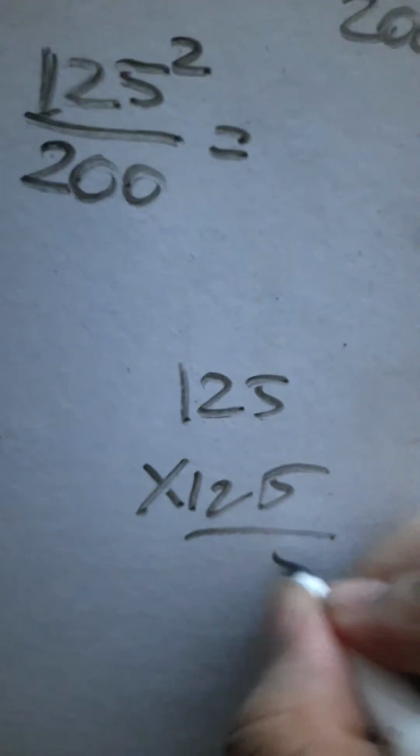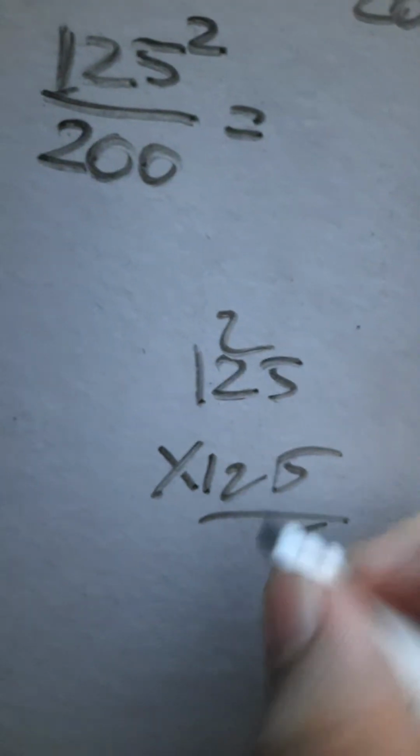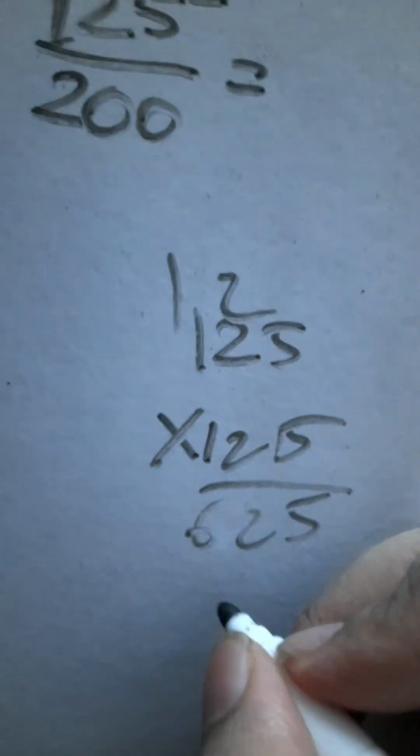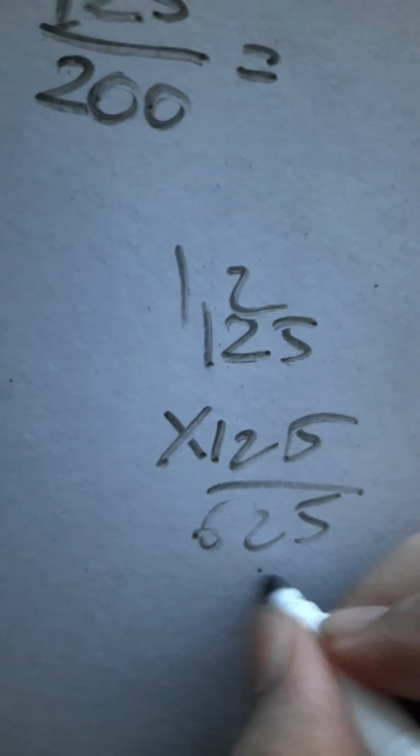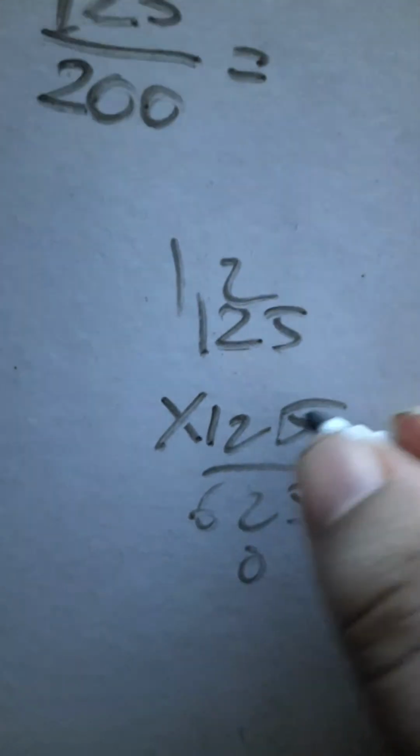5 times 5 is 25, 2, 5, 10, 2, 12, 1, 5, 5 plus 1, 6, 2, 5, 10. I guess it should be 1,625, but I don't know.